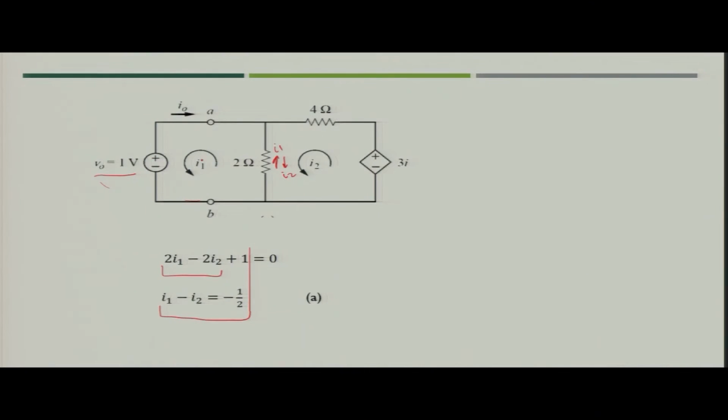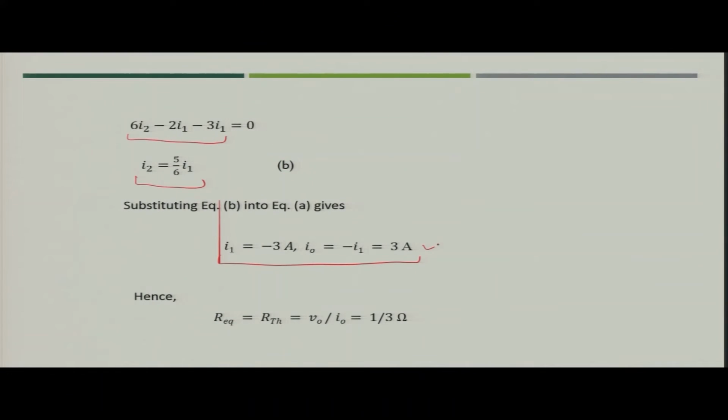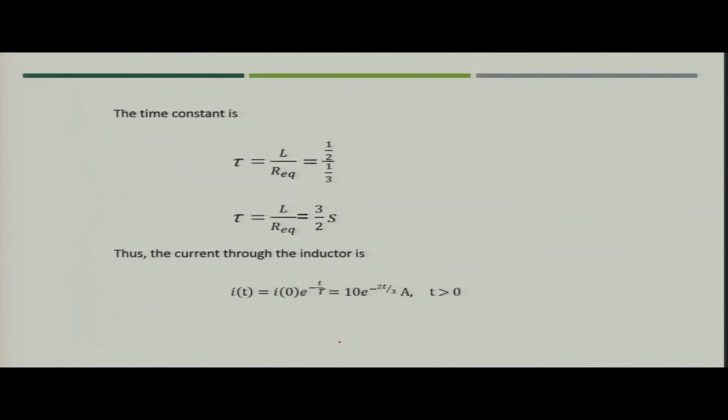So the value of I0 will be minus I1, and I0 is nothing but 3 ampere. Now, R equivalent is nothing but the Thevenin resistance, and its value is V0 upon I0. V0 is 1 volt and I0 we have just calculated as 3 ampere. We get 1 by 3 ohm as the Thevenin resistance.